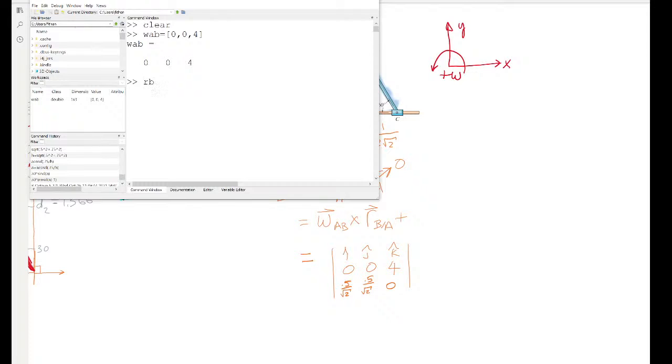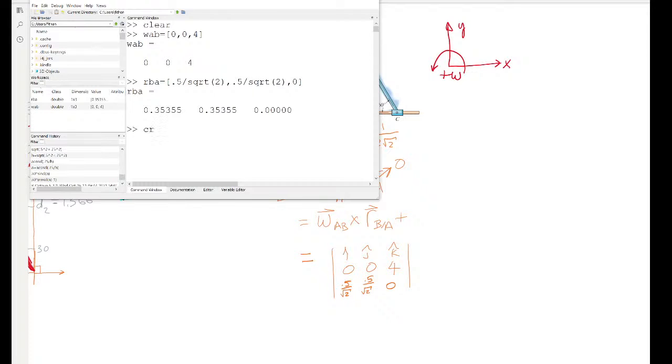R BA is equal to 0.5 divided by square root of 2 and a comma 0.5 divided by square root of 2, and then I don't have a component going into the z direction.